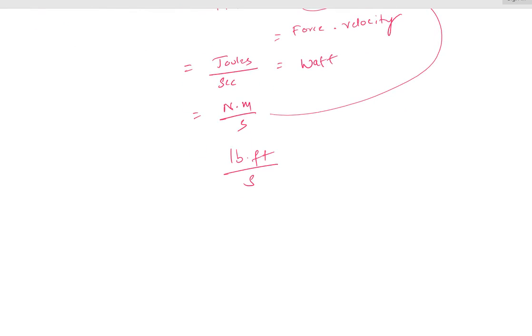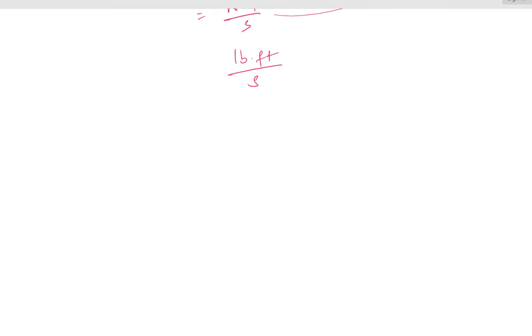That's the English unit. Now this is linear, but when things are in rotational motion, you can say the rotational power is torque times angular velocity. That's Newton meter for torque times radians per second.